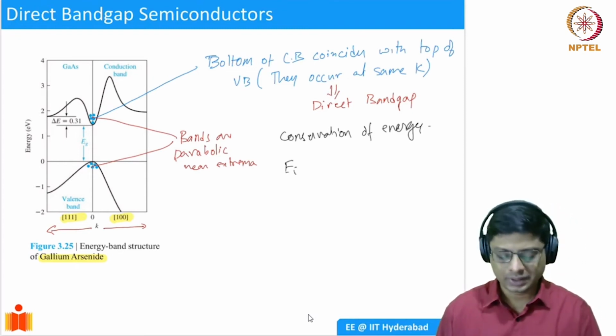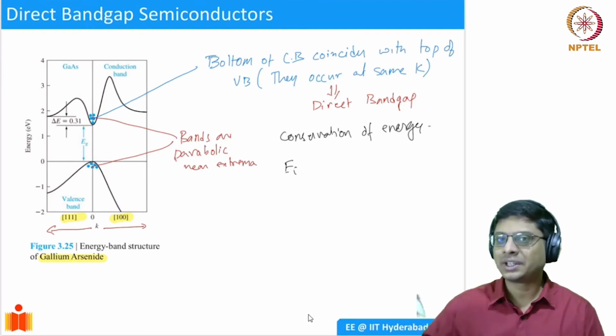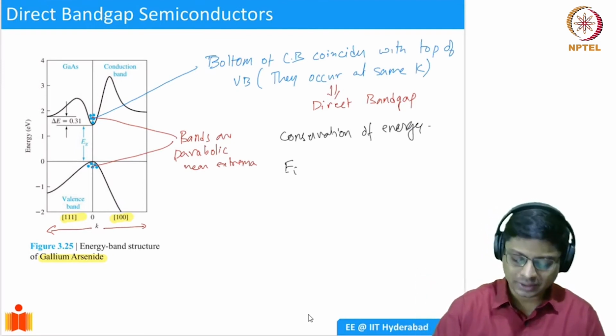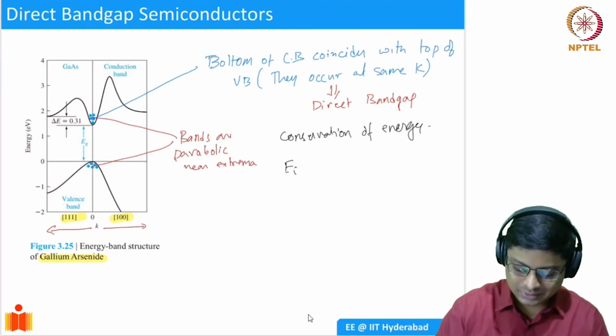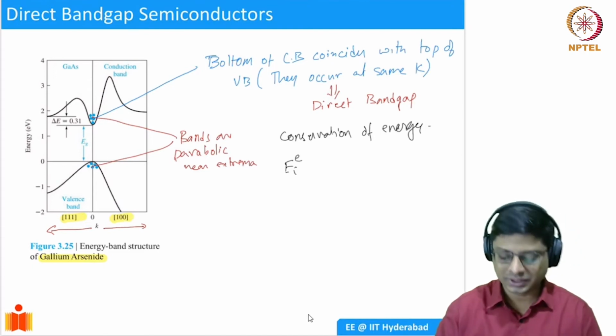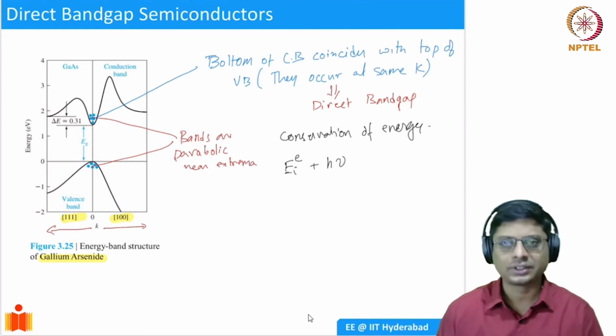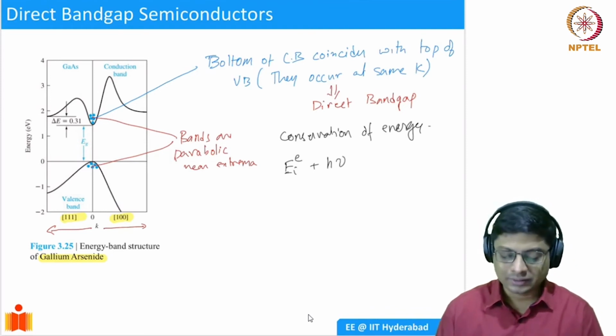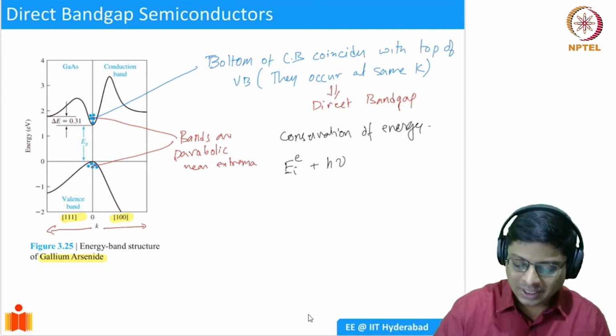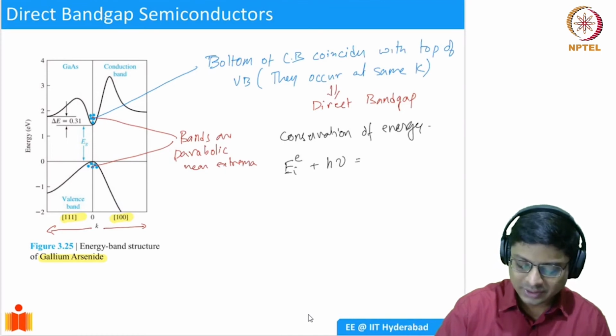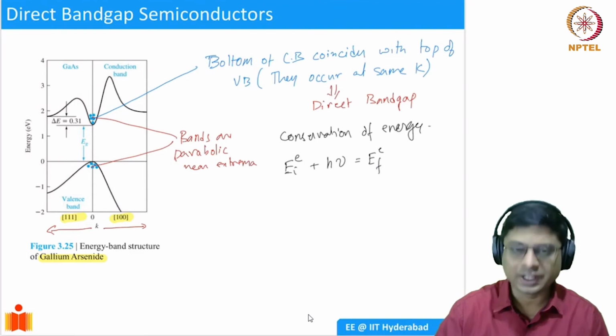And you are shining a photon. You are giving energy to the electron, so I'll put a subscript E to denote the electron, and you're supplying energy to it. That is h nu. When you do that, the energy has to be E final, which is in the conduction band.